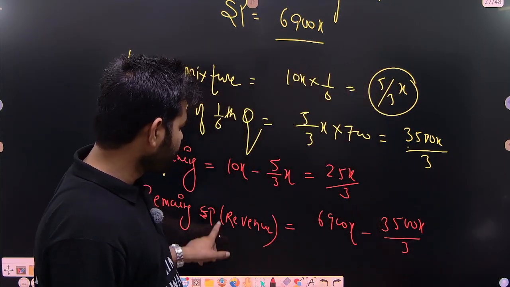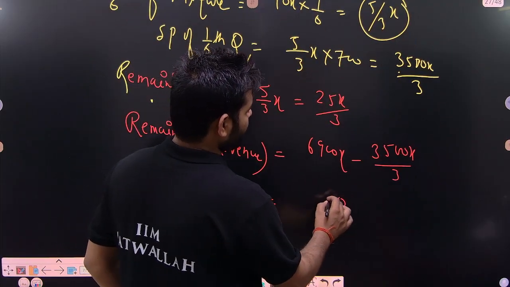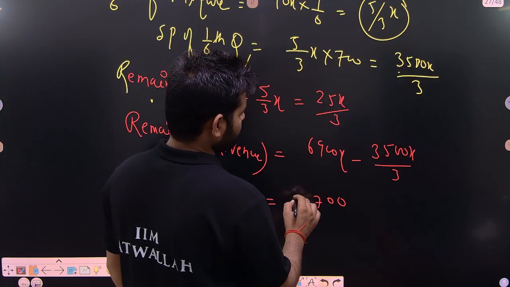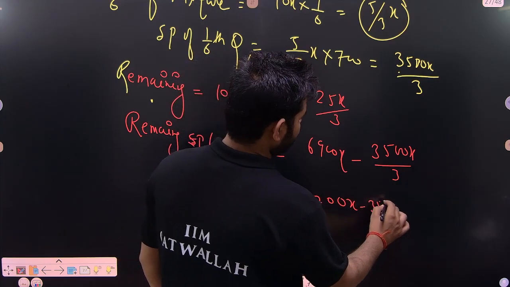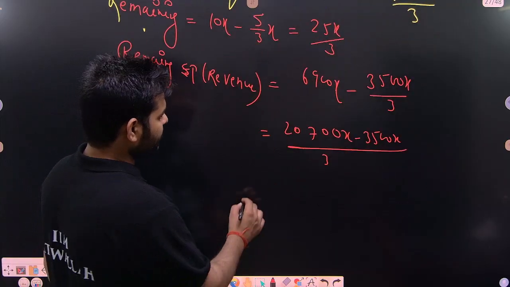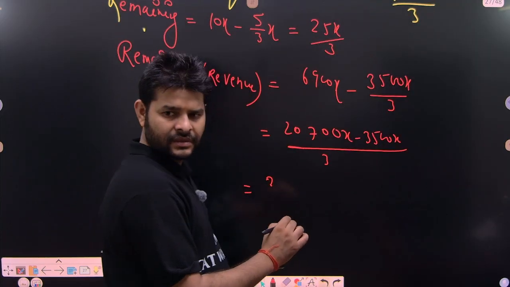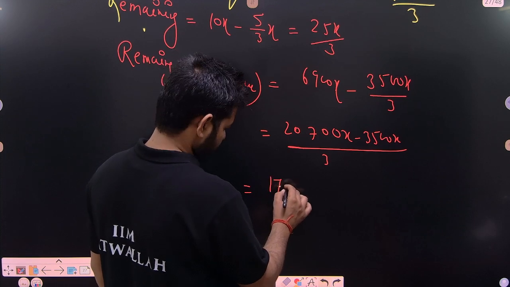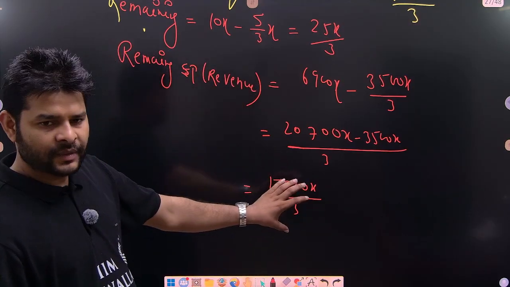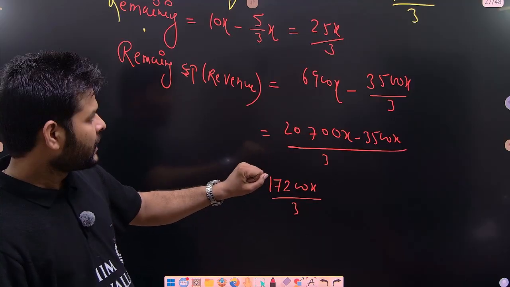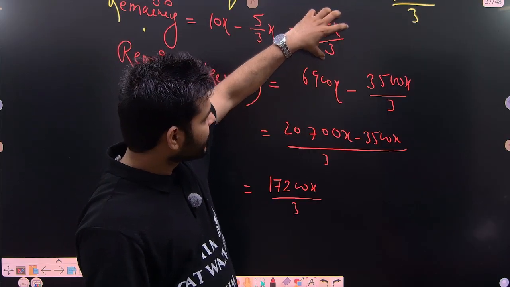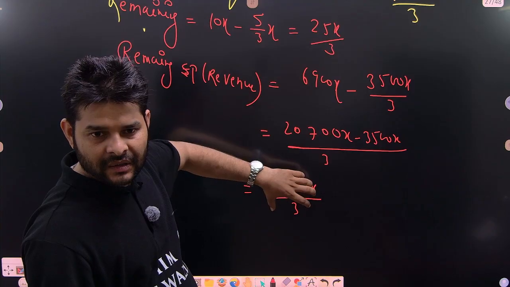So remaining revenue, guys, would be 6900x minus 3500x upon 3, which is 17,200x upon 3. This is the total selling revenue he wants to get after selling this remaining quantity.